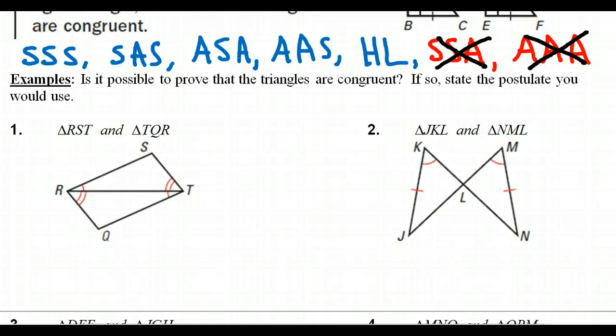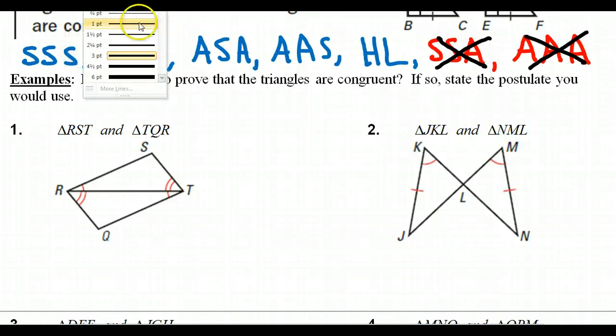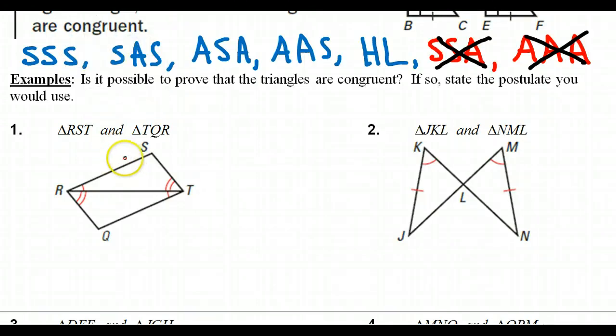Okay, now let's run through these examples and see if you guys understood what I have been trying to teach you. Okay, is it possible to prove that the triangles are congruent? If so, state the postulate you would use. Looking at problem number 1. Well, you see I have 2 pairs of angles that are congruent.